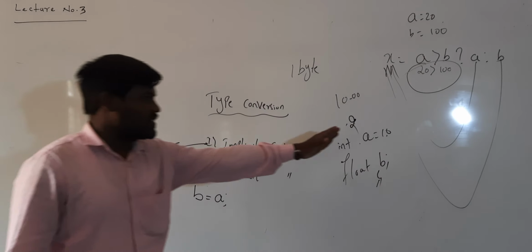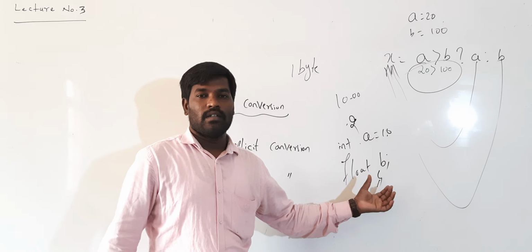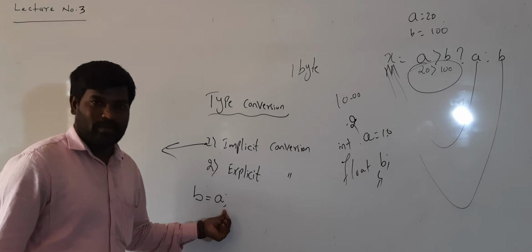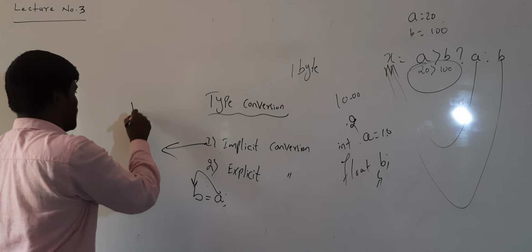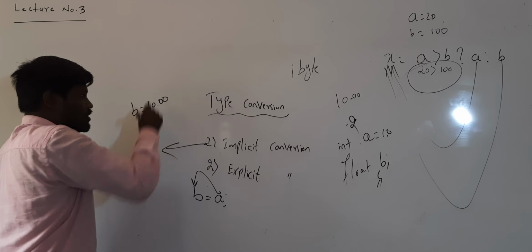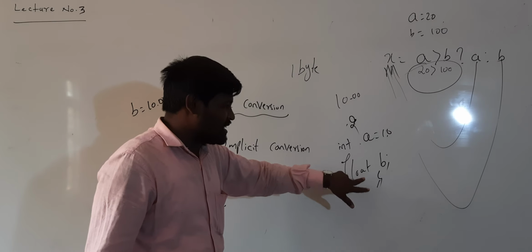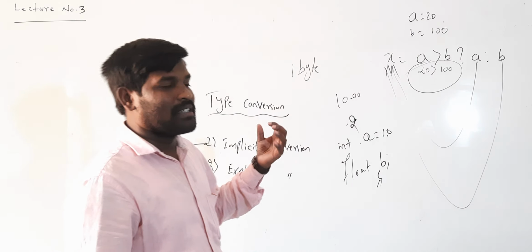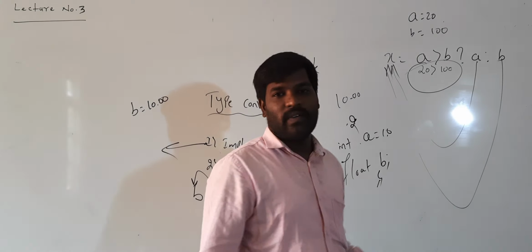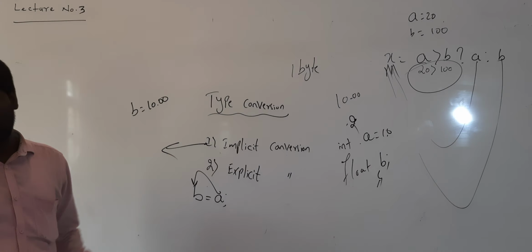See here, a value is 10, b value is empty. So b is equal to a means a is stored in b. It means that b value is 10.00, because the format of b is decimal. Decimal can be represented as float. If I want to store a decimal value in the system, you can use float or double.